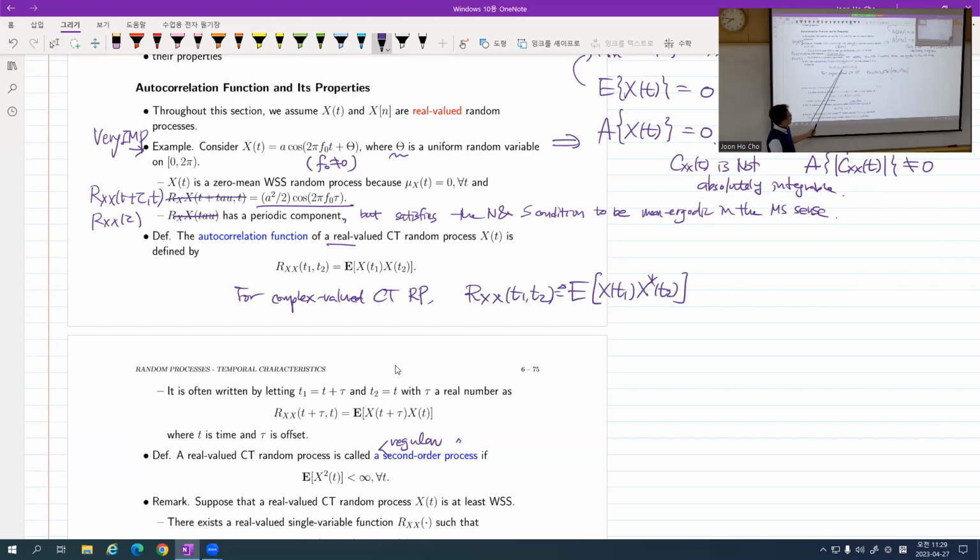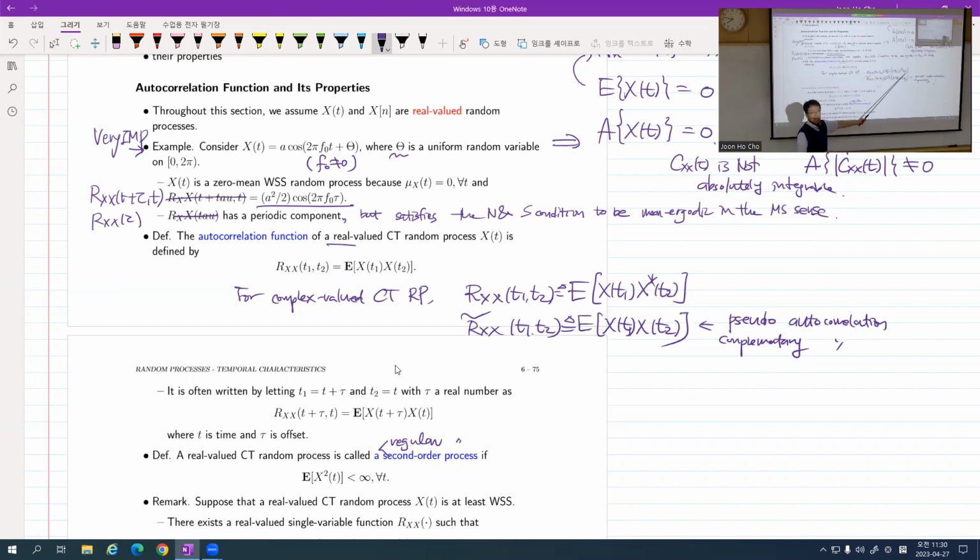Because we reserve this definition for complex valued processes, using it without conjugation is called the pseudo autocorrelation or complementary autocorrelation function for a complex valued random process. Got it? So whether a random process is real valued or complex valued, you may say this is the definition. But if x is real, this is the same as that one.